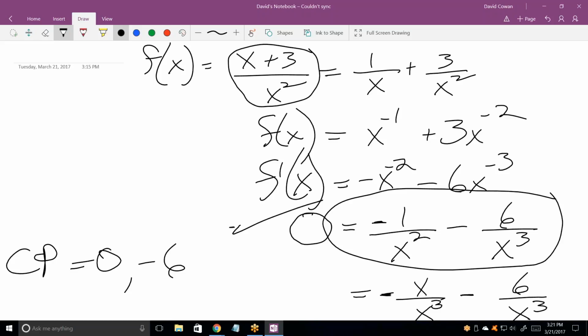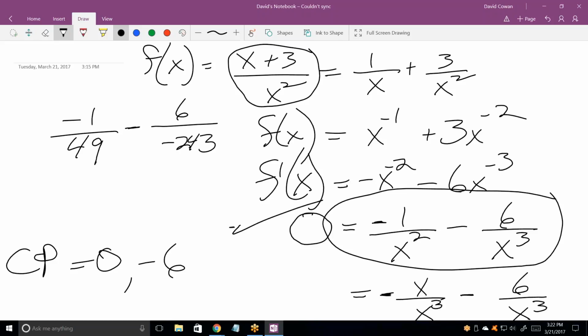Minus 7. Okay, good. Means our derivative is minus 1 over 49 minus 6 over minus 243, which is 7 cubed.